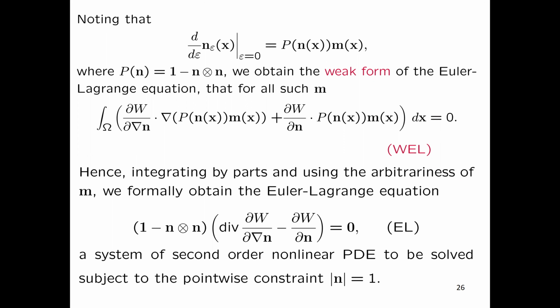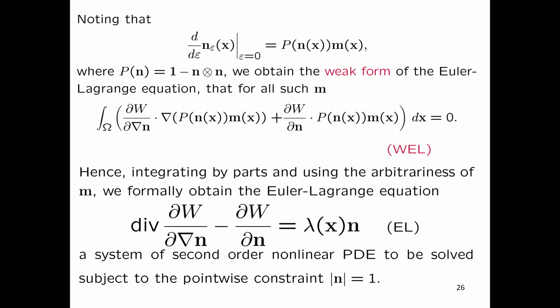Okay, so now another way you could think of this is to use Lagrange multipliers. You could take I of n, and then you subtract a Lagrange multiplier lambda of x times the norm of n squared, and then you would get this form here. This is equivalent to what I just wrote: the usual Euler-Lagrange operator is equal to a Lagrange multiplier depending on x times n.